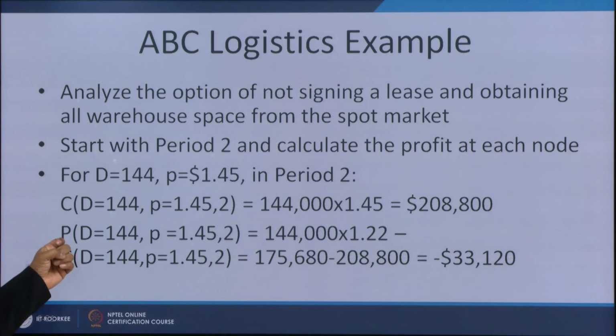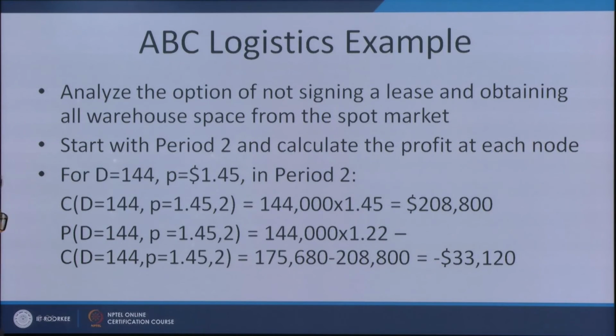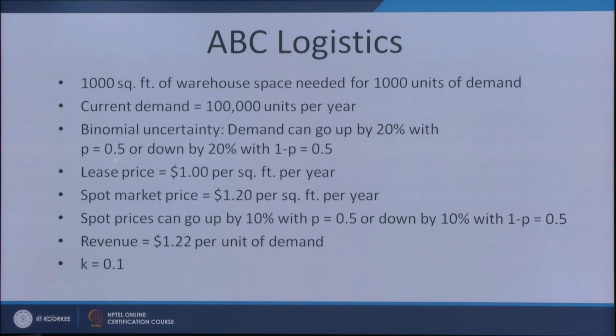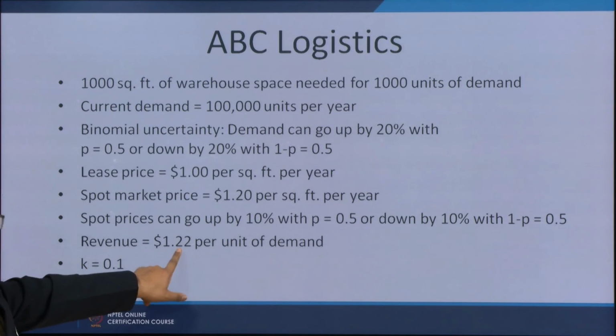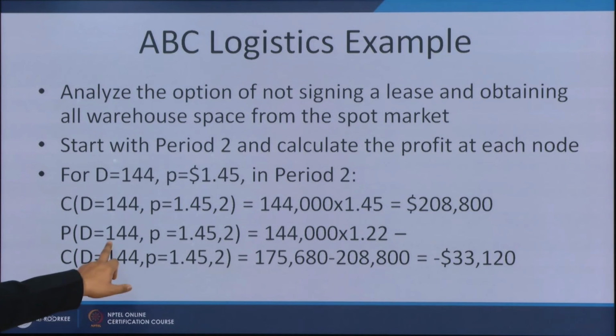If I am having this much demand 144, so my revenue for this option is, I will be selling at 1.22 dollar per unit of the demand. So, I will multiply, because I am fulfilling this demand 144,000.